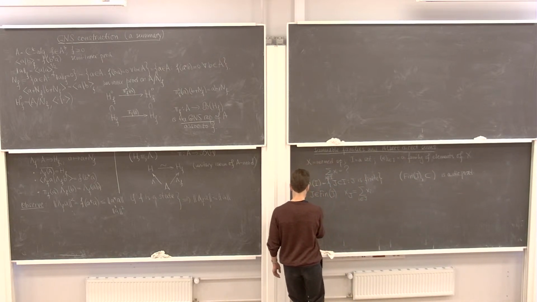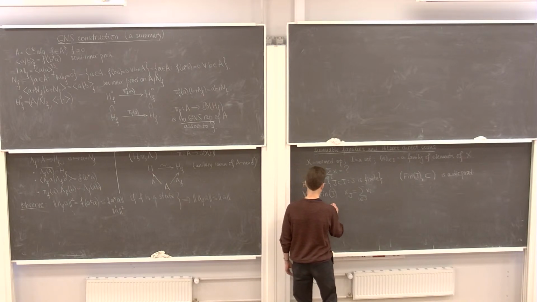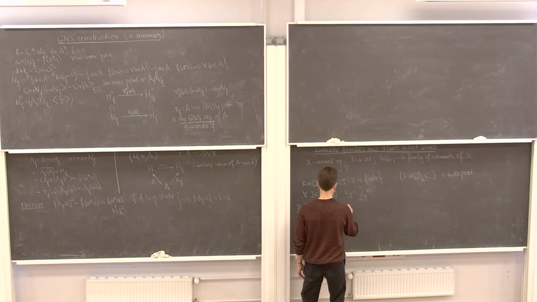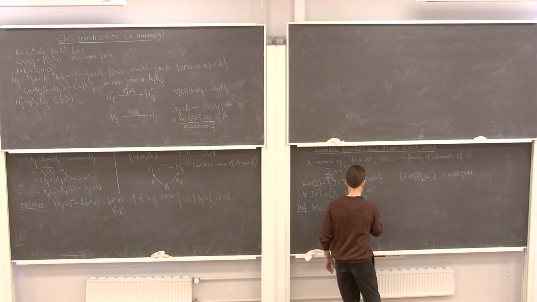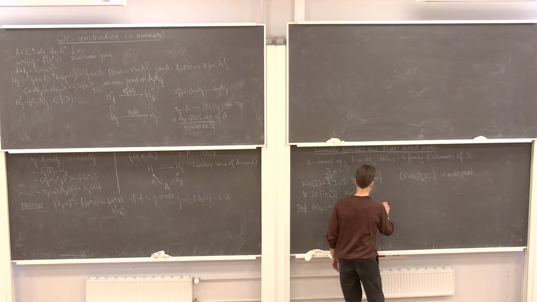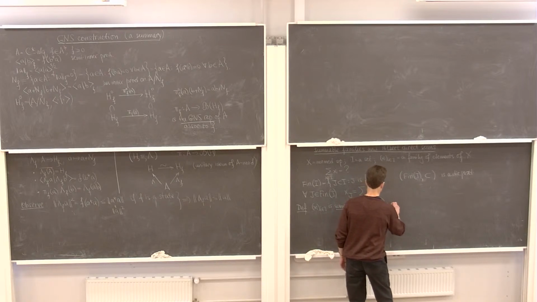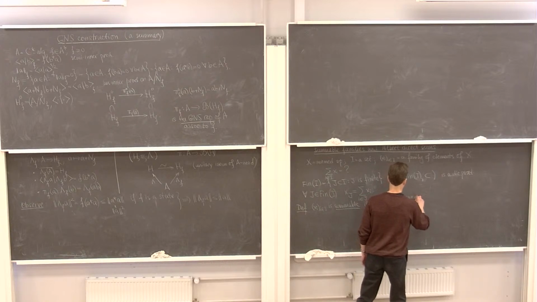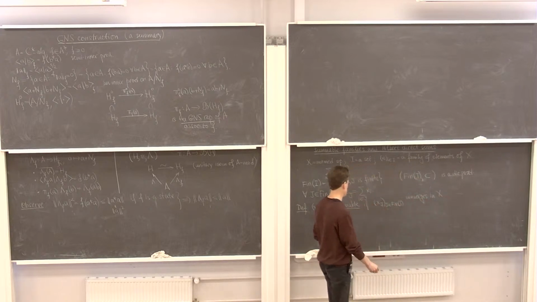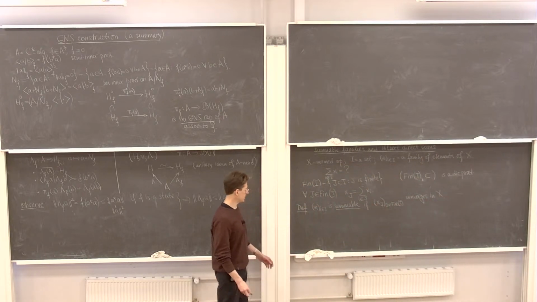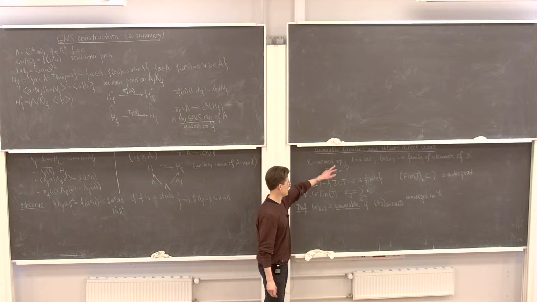And we say that the family xi is summable if this net converges in X. And the limit of this net we denote by the sum of our family.